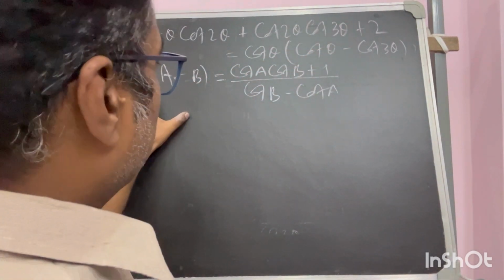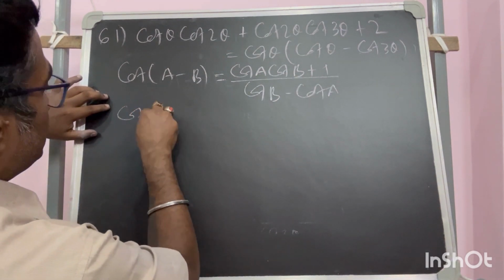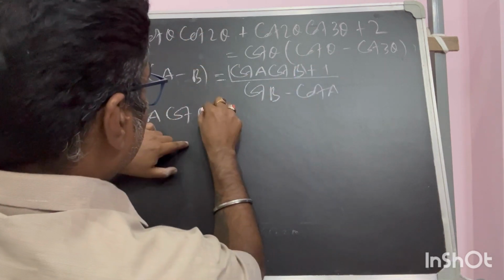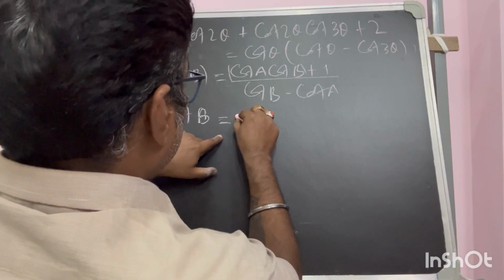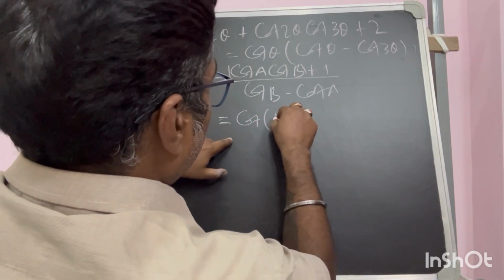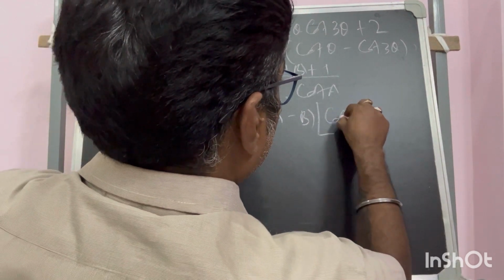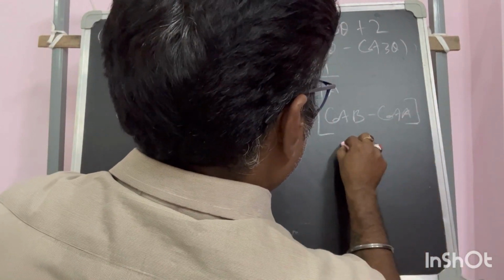Now you can see from here, if I take cot A cot B, this part only, which will be equal to how much? I want to take help of a corollary out of this formula. So this is cot of A minus B into cot B minus cot A, and minus 1.